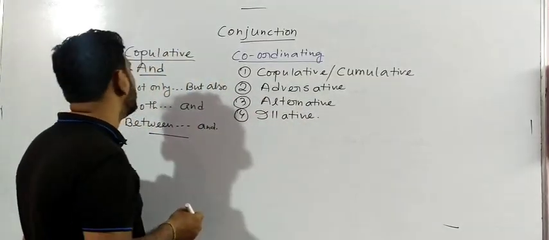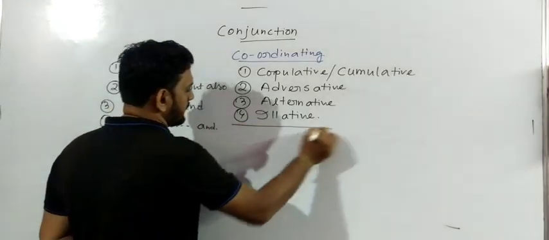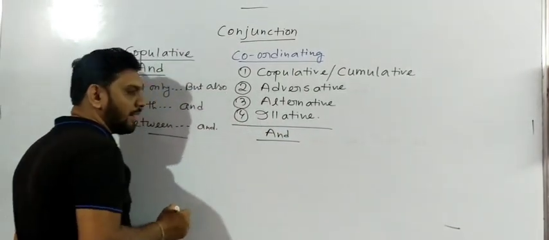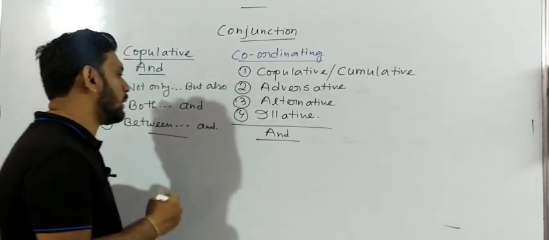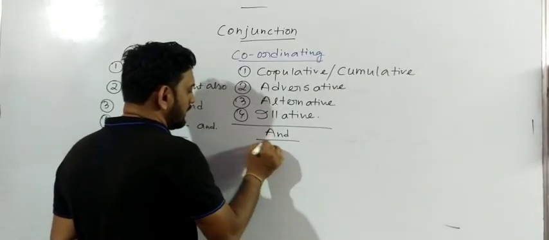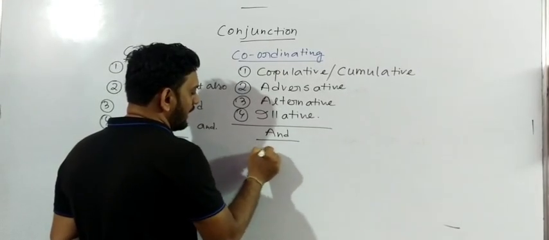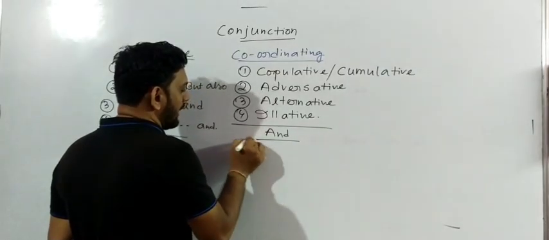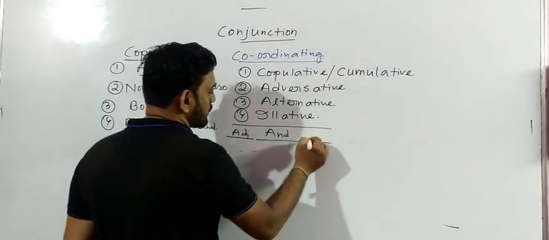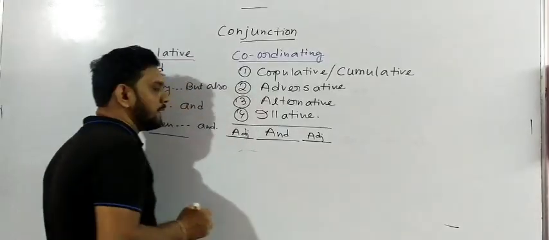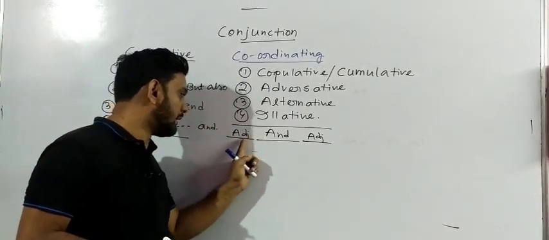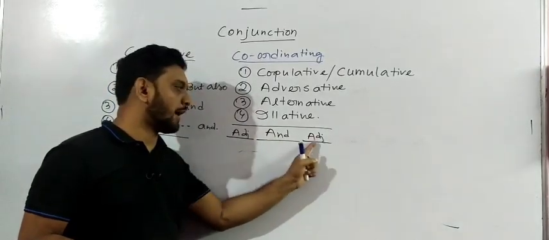Last day I told you what is the use of and. I already discussed a lot of lessons over here, yes or no, about how you can use and in a sentence. So always you should remember, before and, if we write an adjective, after and also we write an adjective.